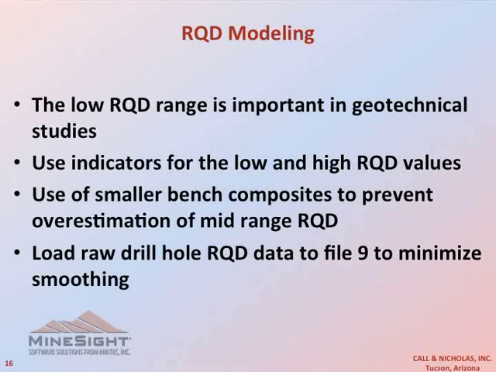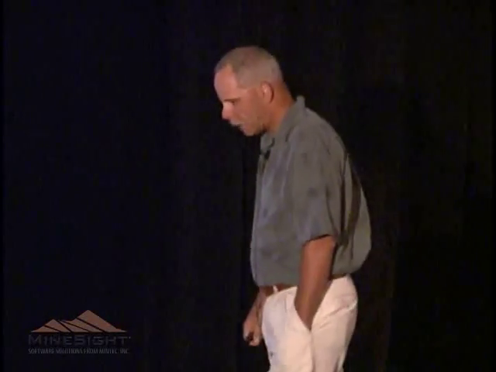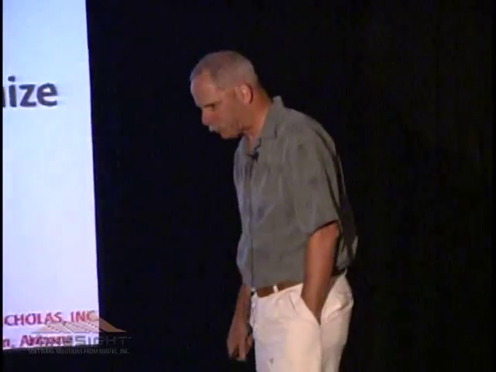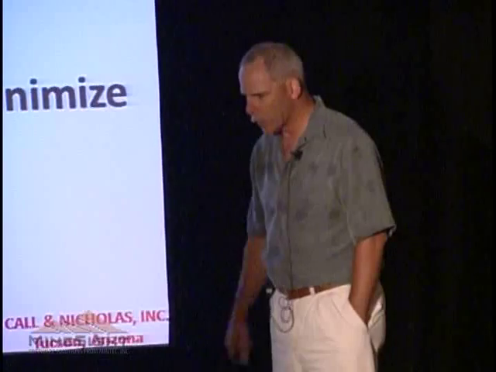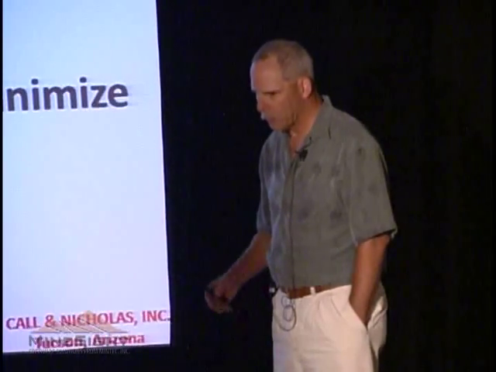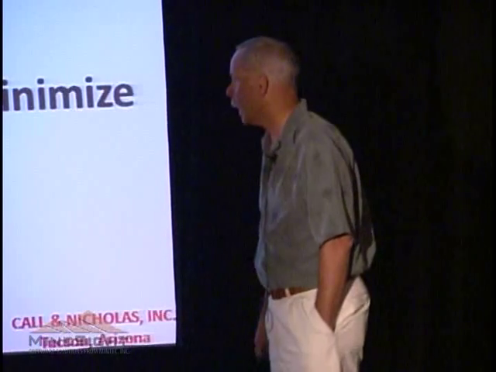And with any estimation technique and even compositing, we're going to start smoothing all that, or spreading that RQD into the middle ranges of the distribution, so we try to keep that low-end RQD represented, because it's important geotechnically on how the rock mass will actually act.